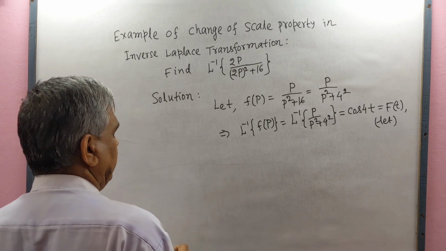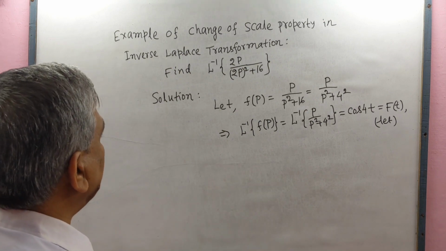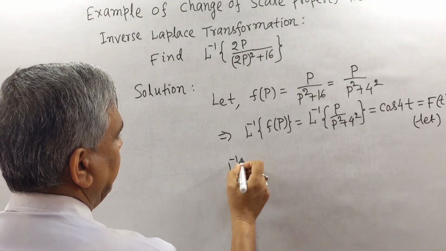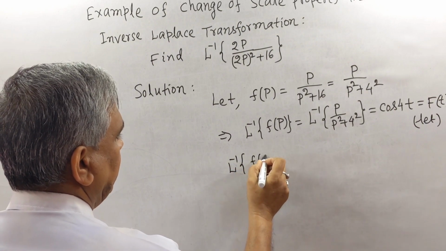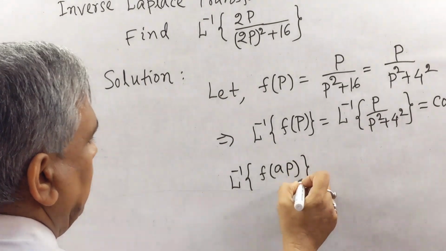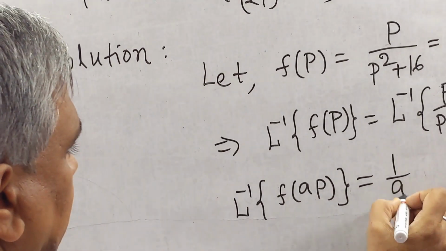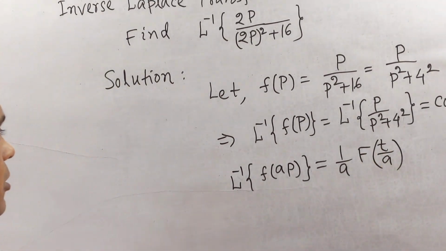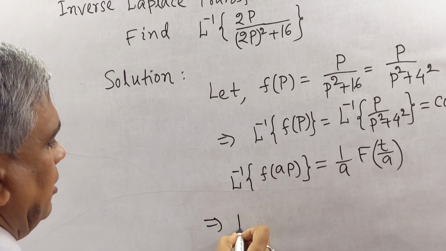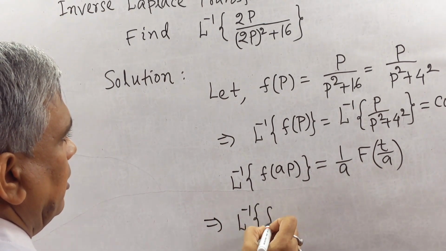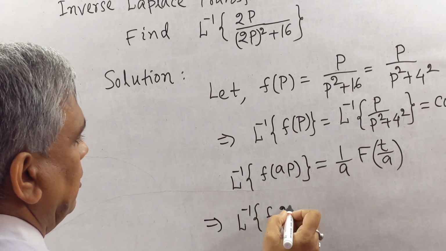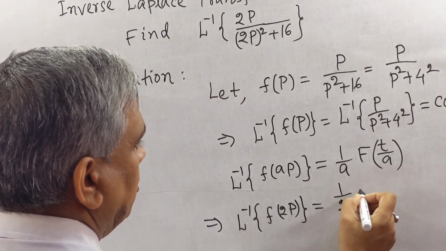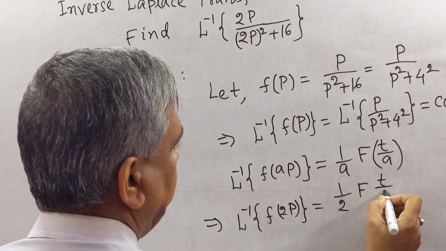Since according to the change of scale property in inverse Laplace transformation, we have L inverse F(ap) equal to 1 by a f(t by a). Implies that L inverse F(2p) equal to 1 by 2 f(t by 2).